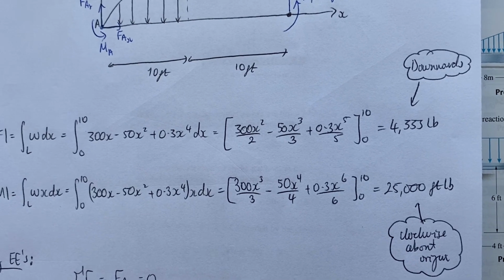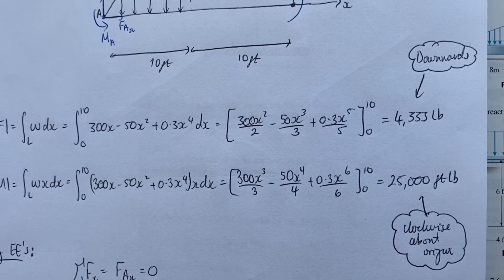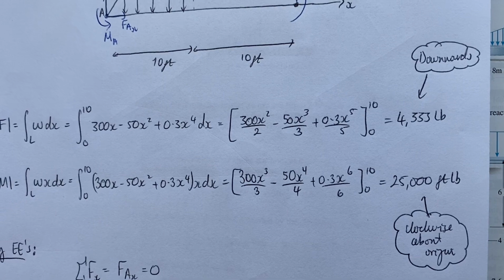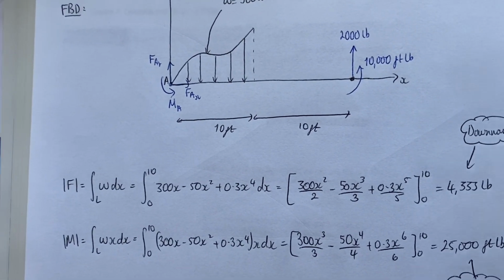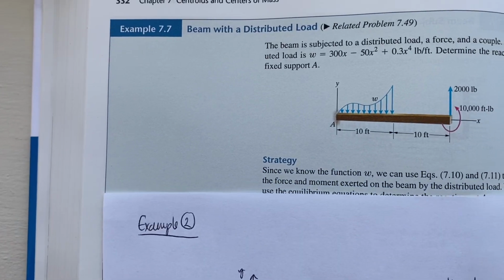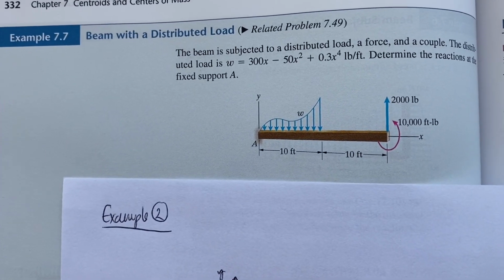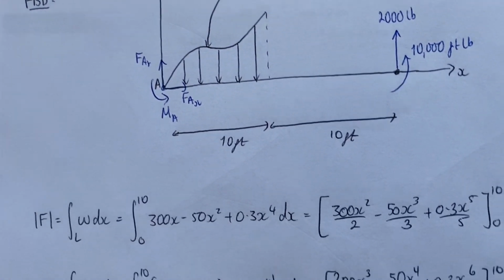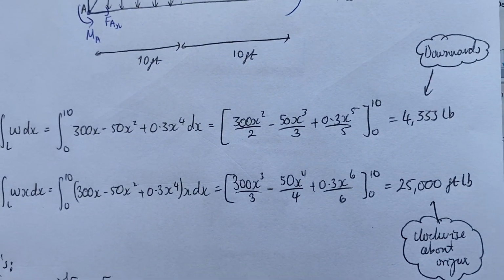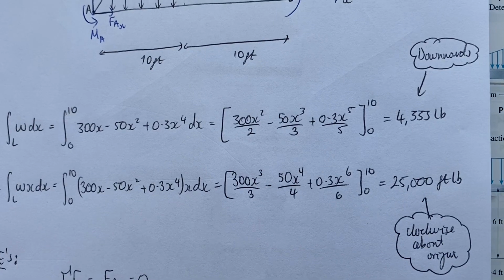But again, I need to remember the direction of both the force and the moment. So you'll recall that the distributed load was described by these downward arrows indicating that it's a downward force. So I need to remember that for when I apply the equilibrium equations.